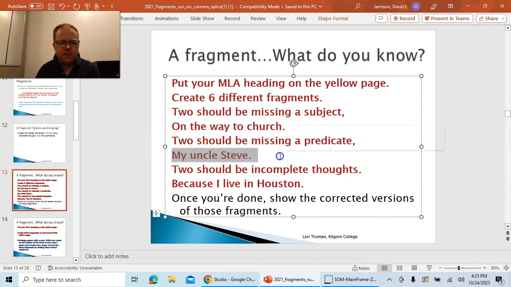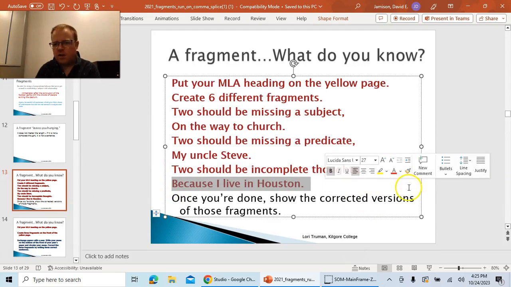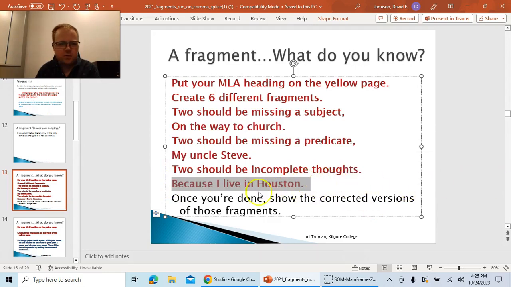My Uncle Steve lives next door. Because I live in Houston, I root for the Astros. Yeah, so 2 of each one, 2 wrong ones for each of these, and then the corrected ones for each one.